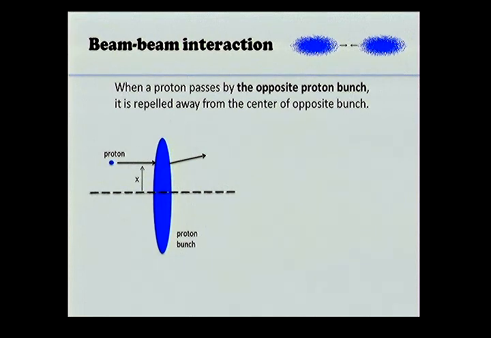We take one particle from the left bunch, and we check how its motion is affected when it goes through the right bunch. Because the proton is positively charged, and this proton bunch is also positive with more than 10 to the 11 protons, when this proton passes by the opposite proton bunch, the electromagnetic force from the proton bunch is pointing outwards.